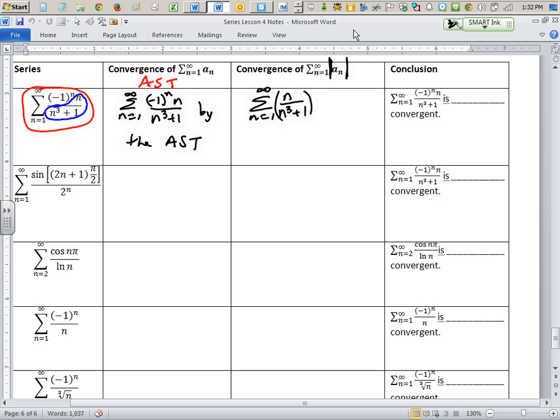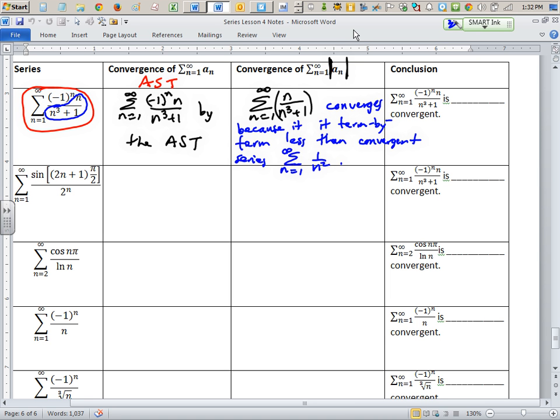Any suggestions? Direct comparison. What would you compare it to? Also known as DCT? Okay, good. So by DCT, this converges because it is term by term less than the convergent series sigma n equals 1 to infinity 1 over n squared.